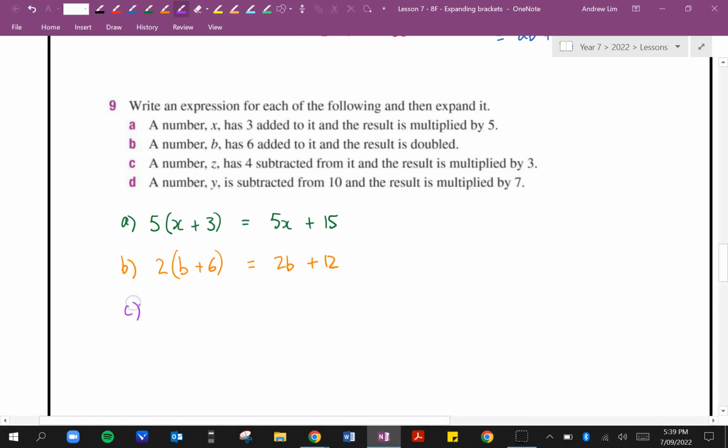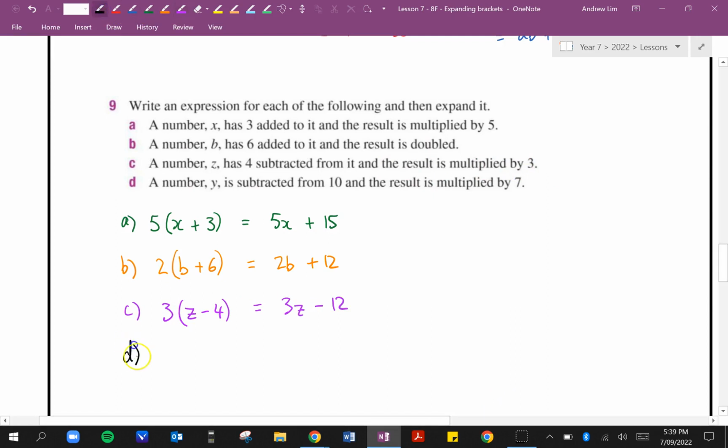Question C. A number z has 4 subtracted from it, and then the result is multiplied by 3. So let's expand that. 3z minus 12.